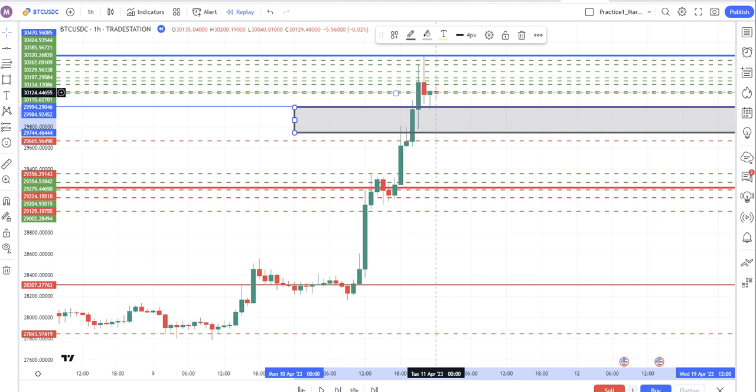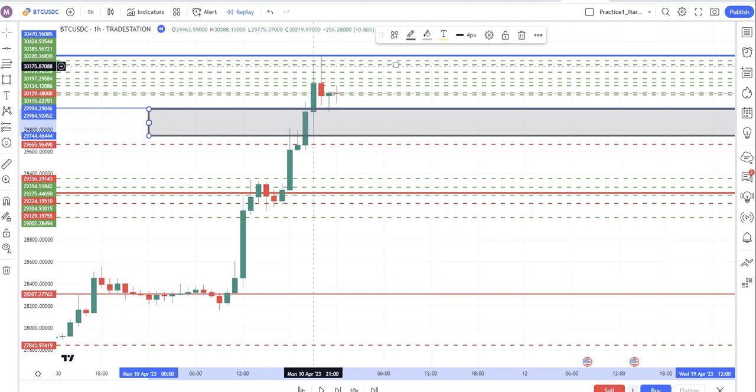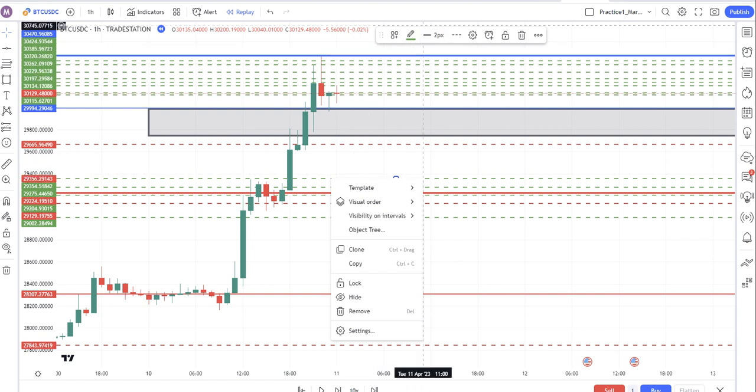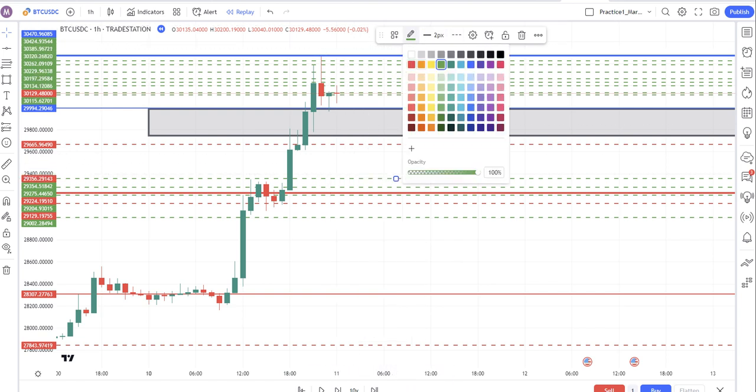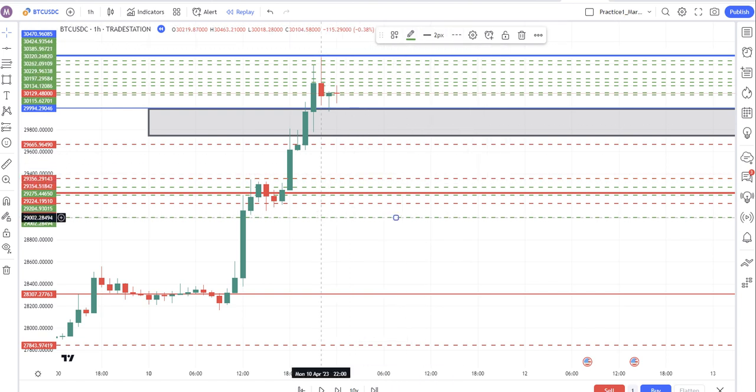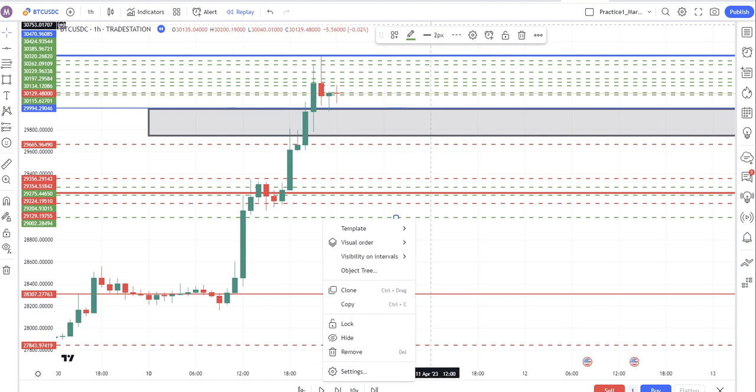So as you can see, the price is sitting now in the 30,000 range, 30,124 and some cents. And I marked my zone. Those little dots are my profit targets, and down below, they should be red. All here, it's red. So those are my target levels.